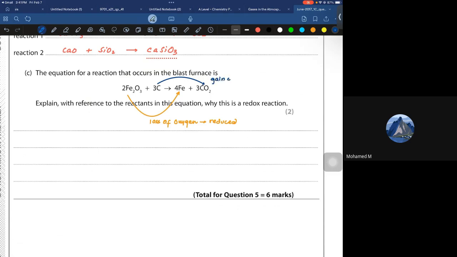Gain of oxygen is what? Oxidation. Oxidized. Since carbon is oxidized and iron oxide is reduced, that's why this reaction is a redox reaction. It's very simple, okay?